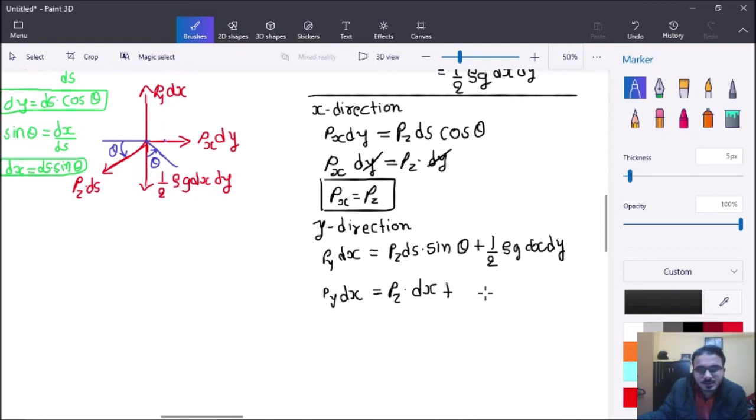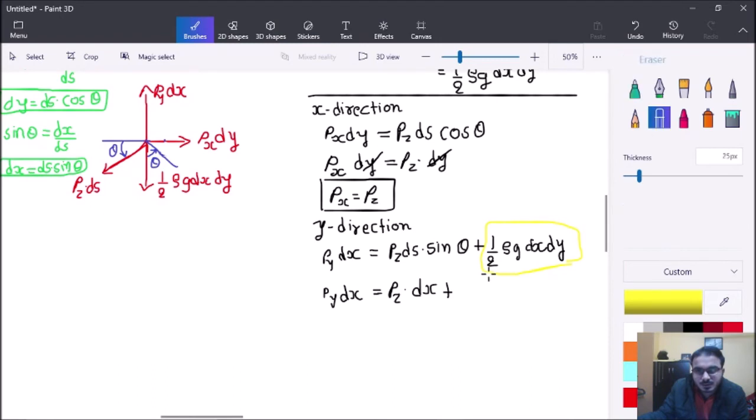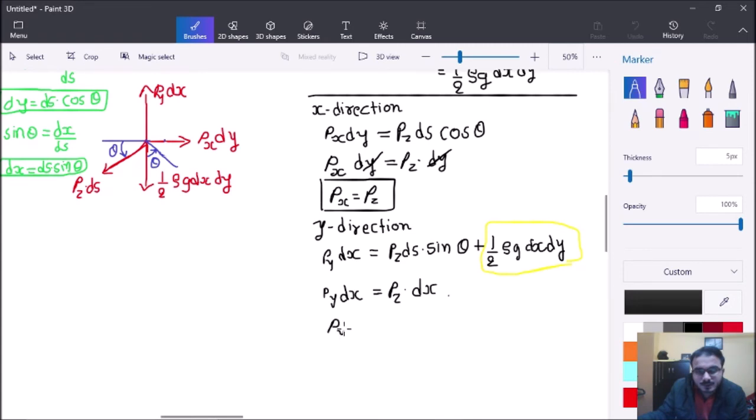See here, as far as this portion is concerned, we will neglect this part because two small derivatives are multiplied, so relatively this value will be very small, so we can neglect it. So here we are getting Py is equal to Pz.